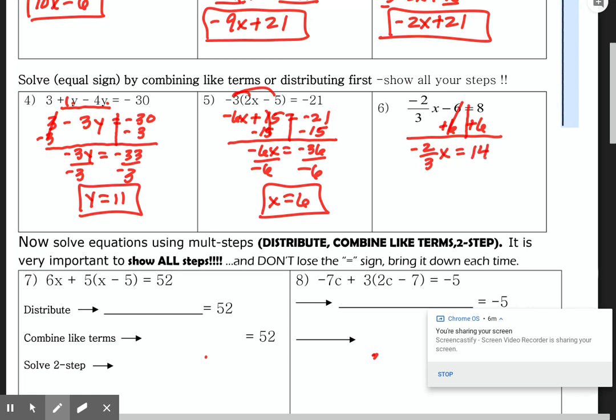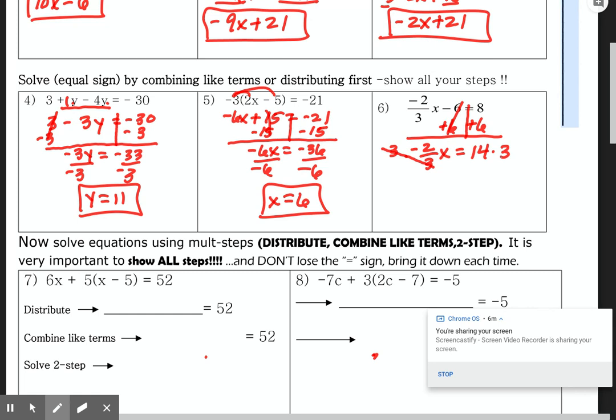Now, I'm sure there are many ways that some of your 7th and 8th grade teachers have taught you to get rid of a fraction. One way that seems to be less confusing for some students is to get rid of the denominator. So to get rid of the denominator, I'm going to multiply by 3, and what happens is it cancels out. But remember, when solving equations, whatever you do to one side, you must also do to the other.